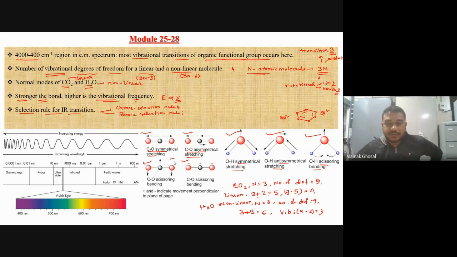If you want to confirm whether a molecule will show IR activity or not, you have to go through these two rules. First is the gross selection rule, and then the basic, or normal, selection rule. Can anybody tell me what the two rules are? What is the gross selection rule?